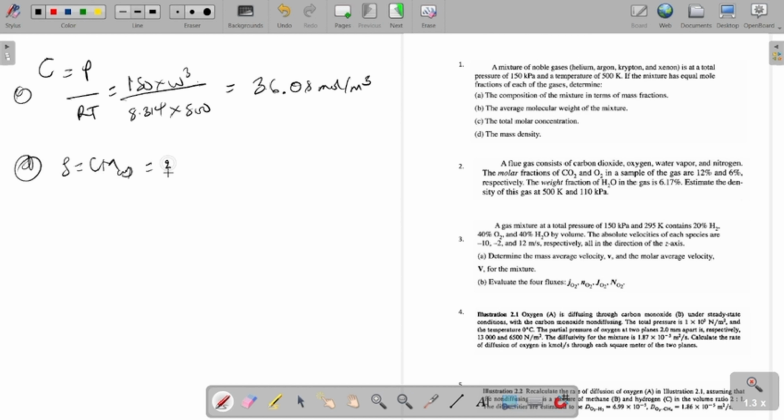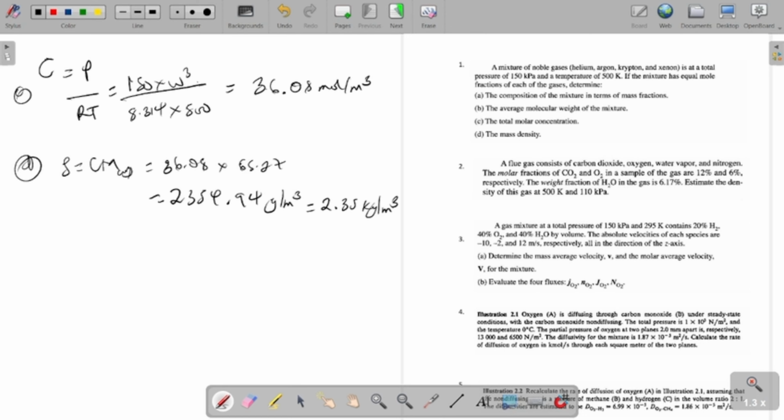So I take 36.08 and multiply by the average, 65.27. I get 2354.94 gram per meter cube, but it's mostly in kilogram per meter cube, so it's 2.35 kilogram per meter cube. So that's the mass density.